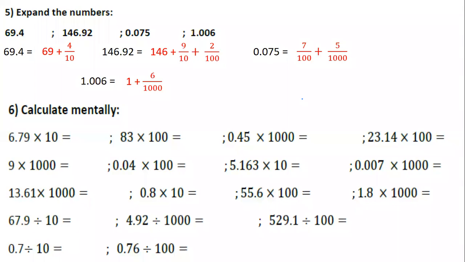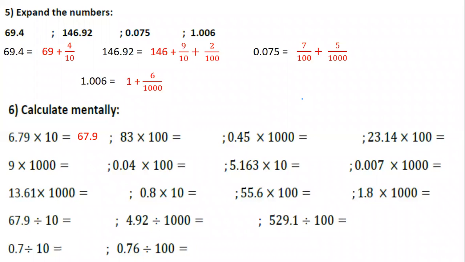Now we have the first number. Yes, Karim, 6.79 times 10. If it's times 10, we move the point 1 digit to the right, so it becomes 67.9. Well done.